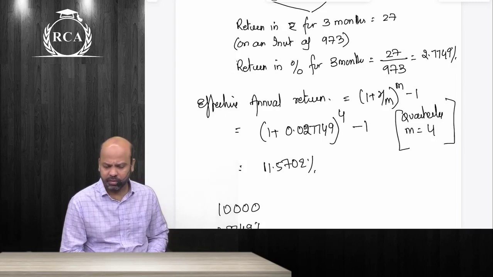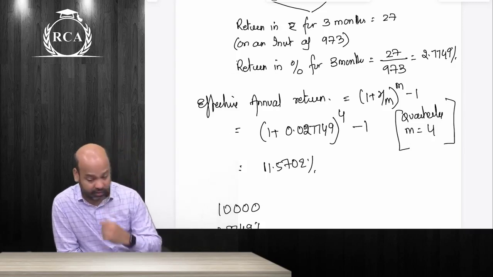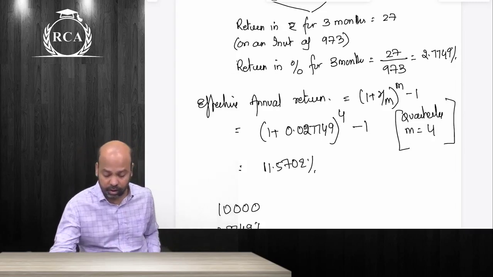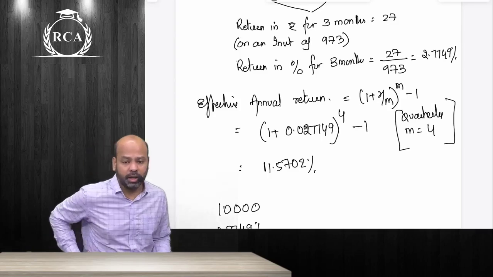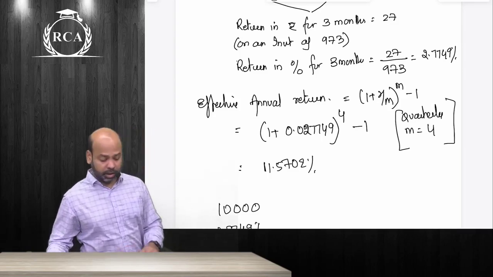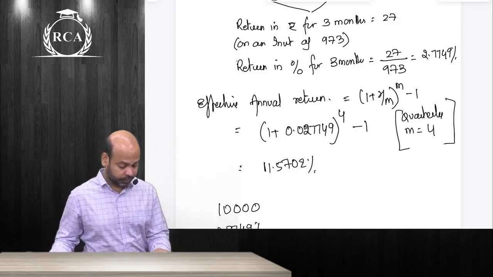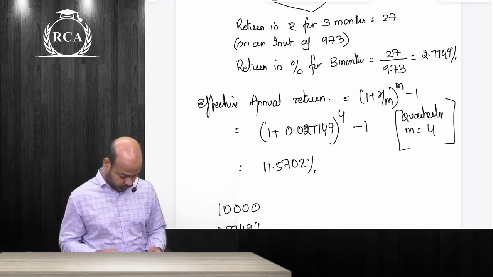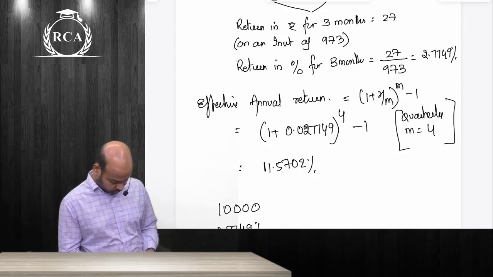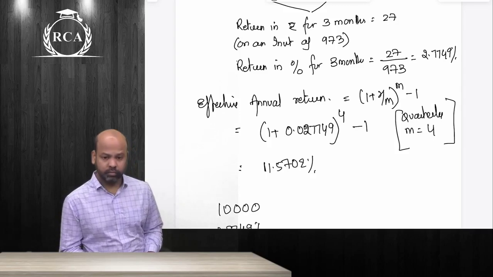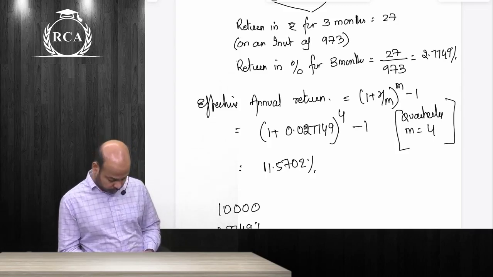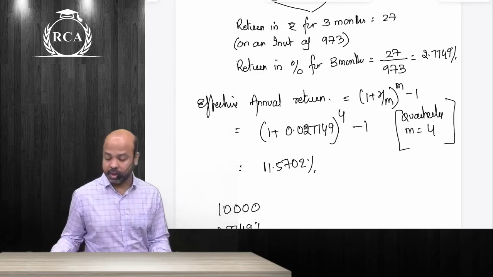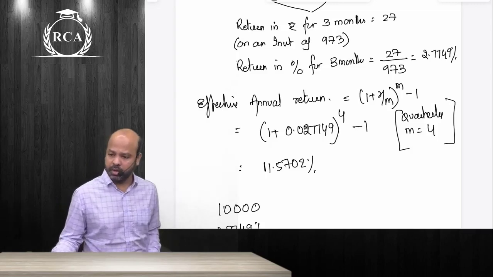Therefore, YTM is 10% payable half yearly.